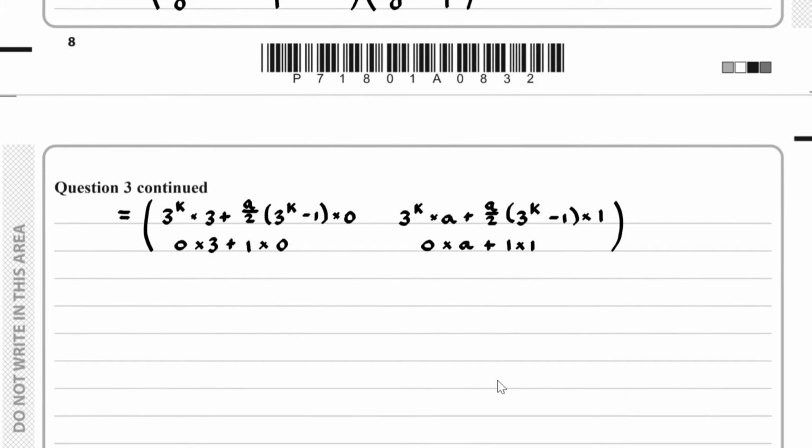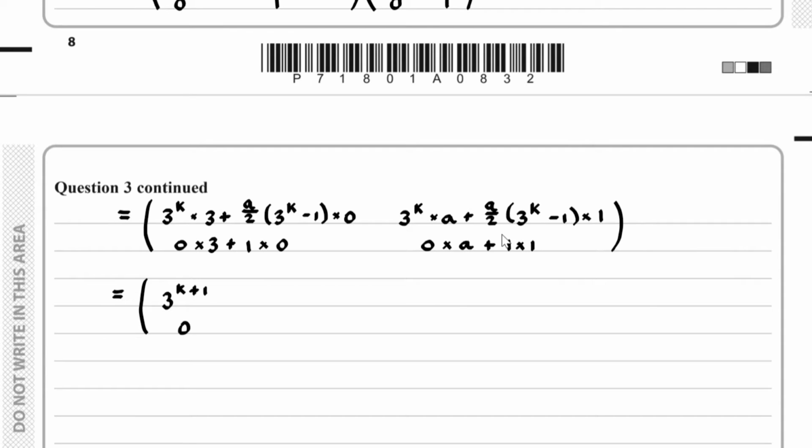So now let's attempt to simplify all this. We have 3 to the k times by 3, so that is the same as 3 to the k plus 1, because 3 is the same as 3 to the 1. Then here we've got 0 plus 0, which is 0.